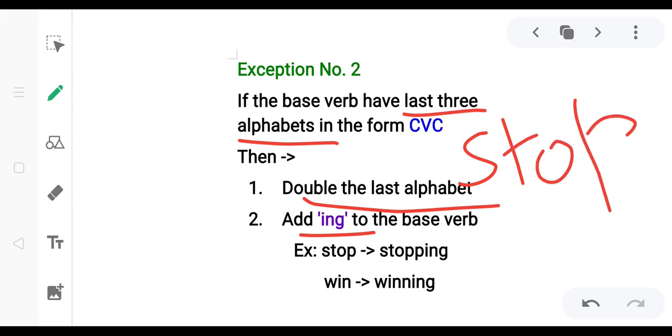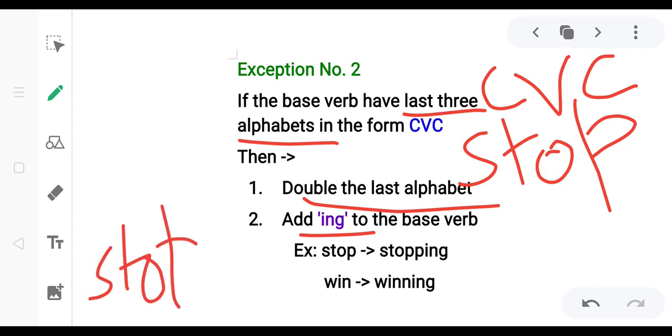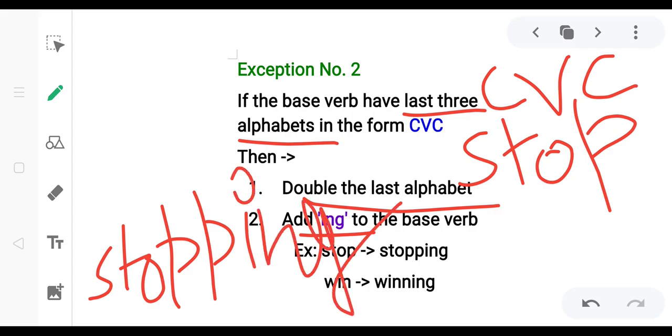We check the last three alphabets, which are TOP. T is a consonant, O is a vowel, P is a consonant. So we will use this exception. We double the last alphabet, P becomes double P. Then we add ing. Stop becomes stopping. Win becomes winning.